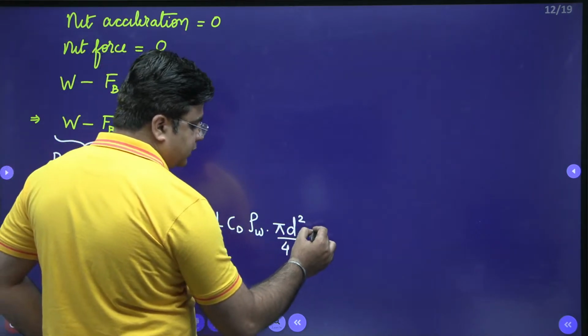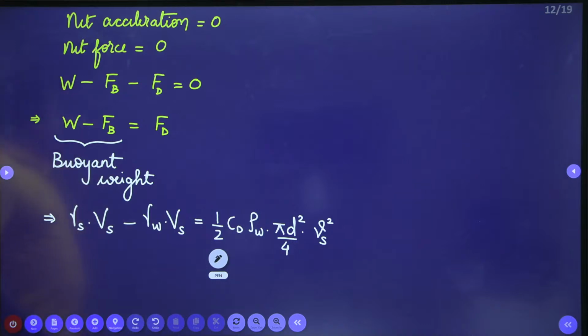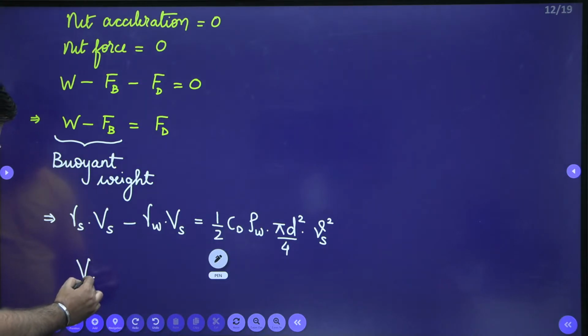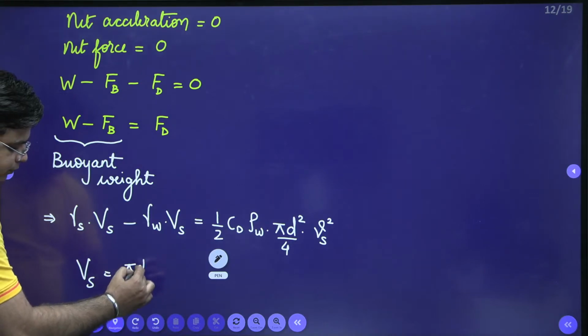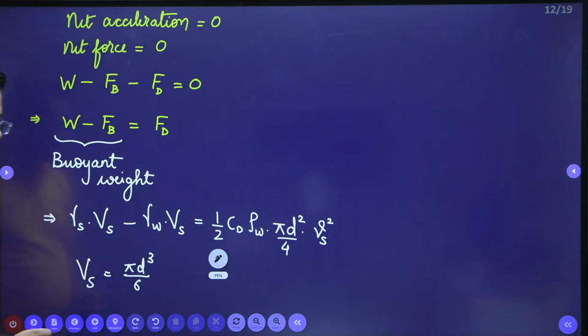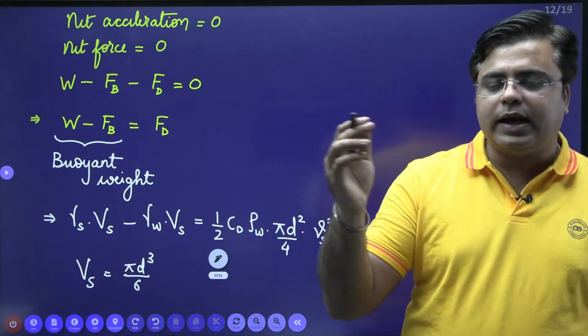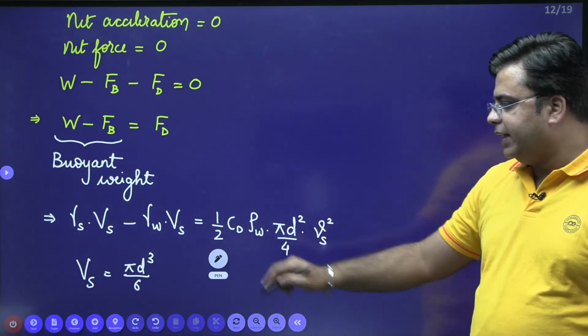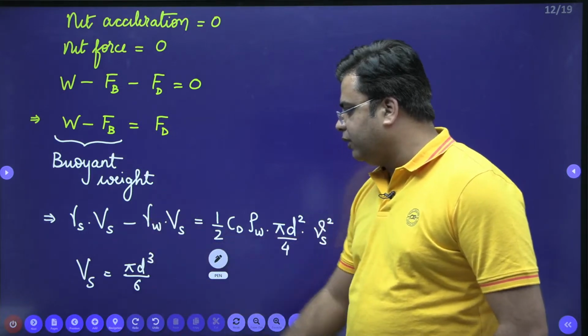Vr is Vs, the settling velocity of the solids, so Vs square. Now the volume of solid Vs is equal to pi d cube by 6. It is 4 by 3 pi r cube. When you convert this r as d by 2, you will get pi d cube by 6 as the volume of solids.